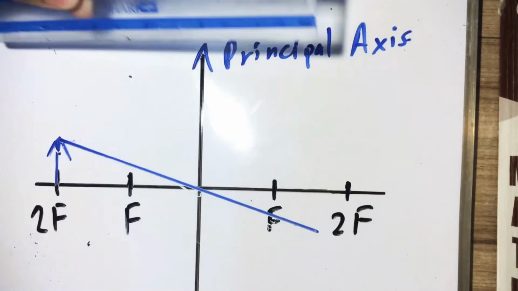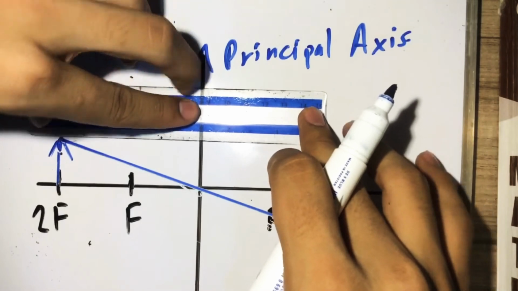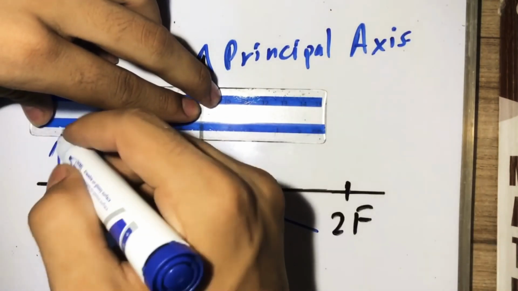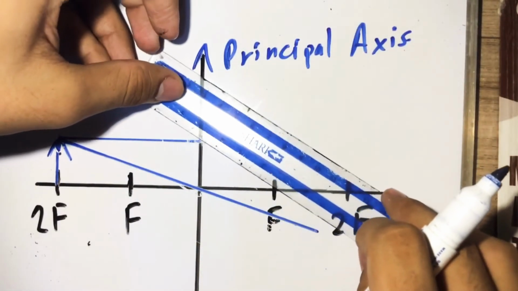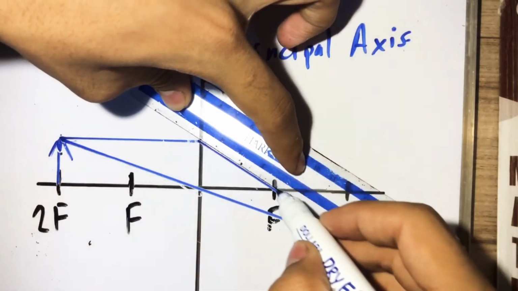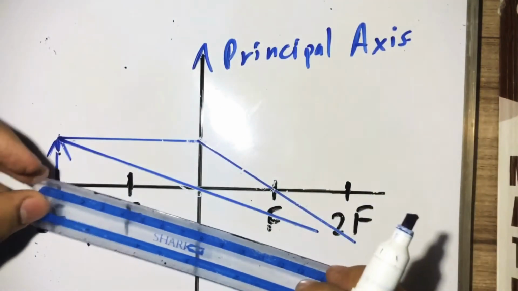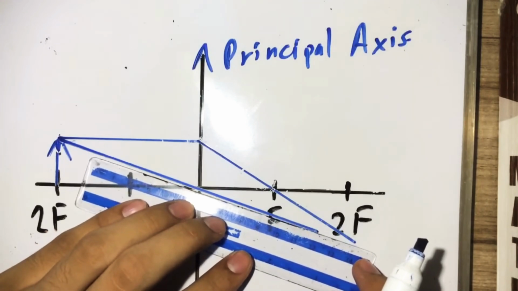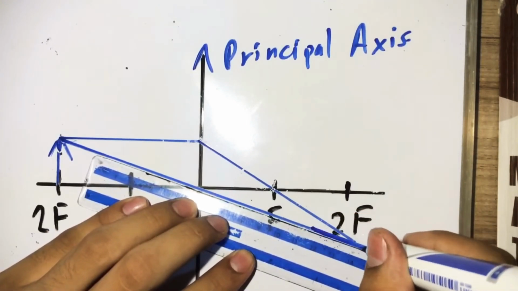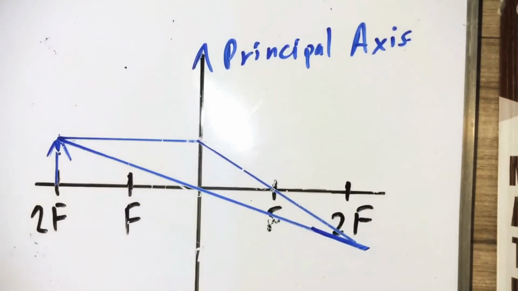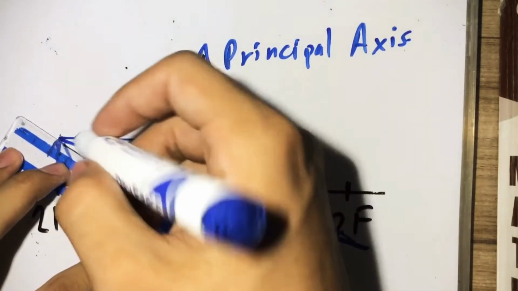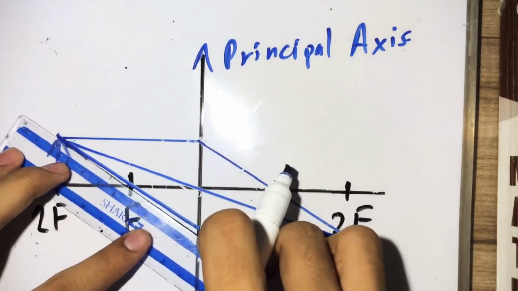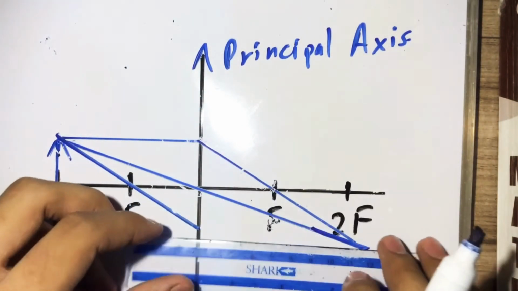The second type of ray first travels parallel to the focal length and then converges towards the focal point. Now the third type of ray first passes through the focal point on the same side of the lens as itself, and then it travels parallel to the focal length like this.